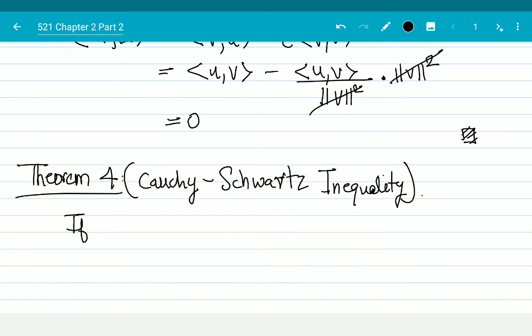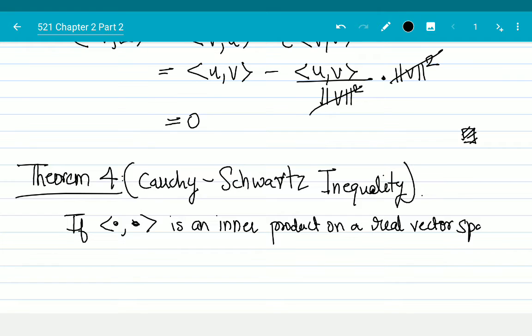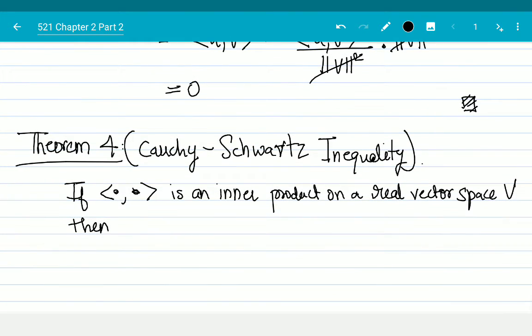What does it say? If ⟨·,·⟩ is an inner product on a real vector space V, then the absolute value of ⟨U, V⟩ is smaller than or equal to norm of U multiplied by norm of V. Okay?